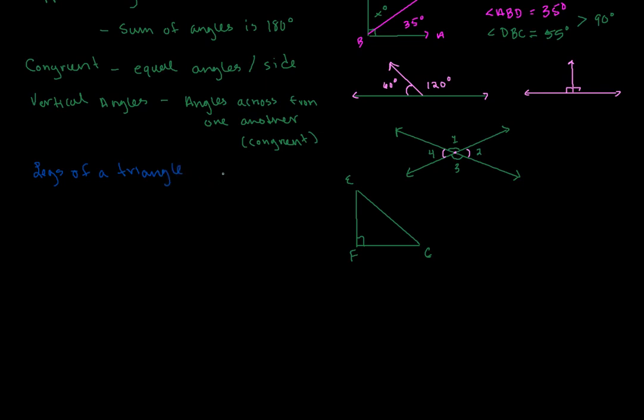Legs of a triangle are the sides of a right triangle that form the right angle.